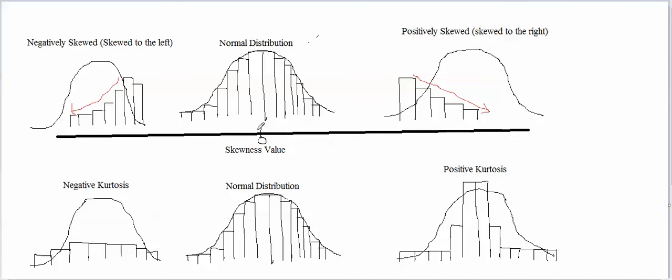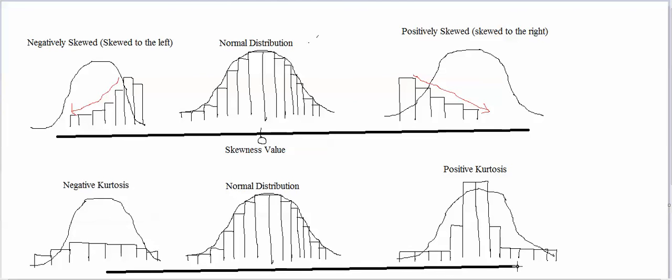If the data is pretty close to normal but has a little bit of a positive skewness, you would get a value a little bit above 0. And actually kurtosis works the same way. If the data is perfectly normal, then it'll have a kurtosis value of 0.